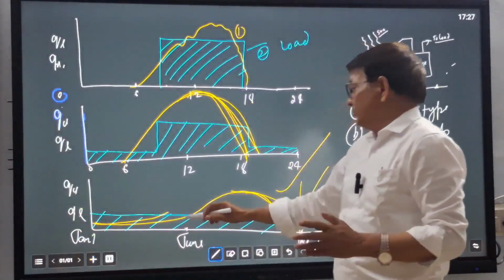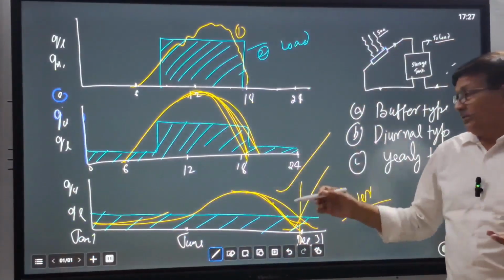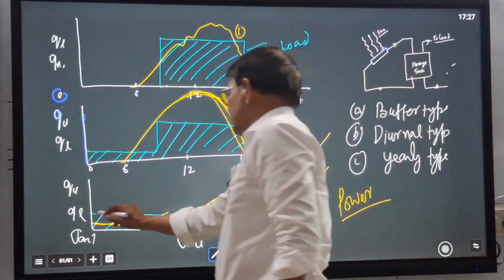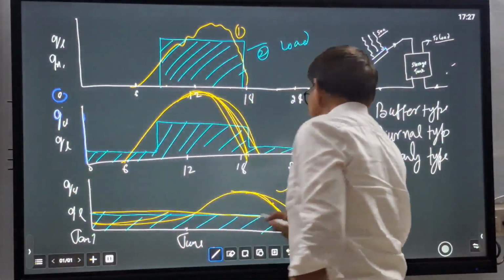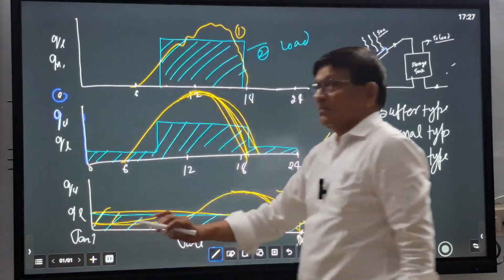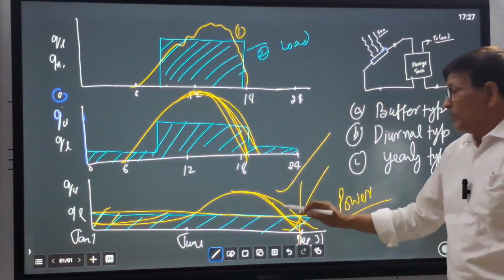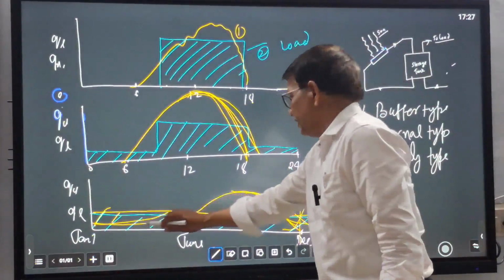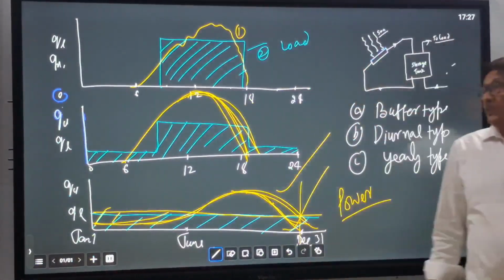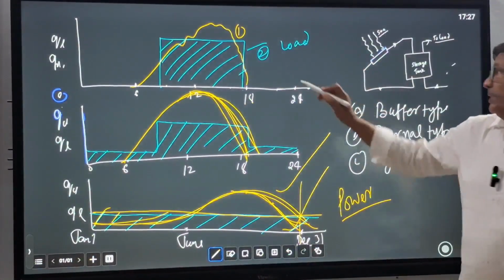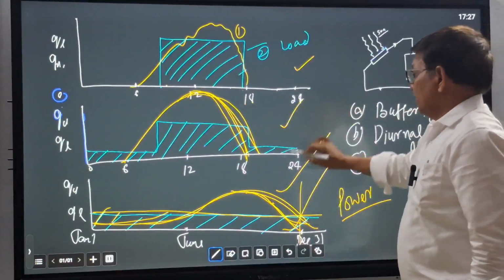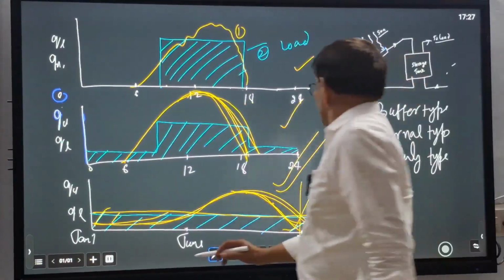So the whole year there is a storage requirement too, so that we can provide energy at a constant rate. You can see our whole-year demand is constant, so we have to provide it, and that's why we need energy storage for the whole of the year. There are three kinds: small, medium and very large energy storage.